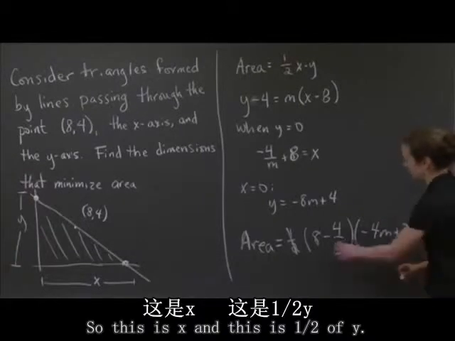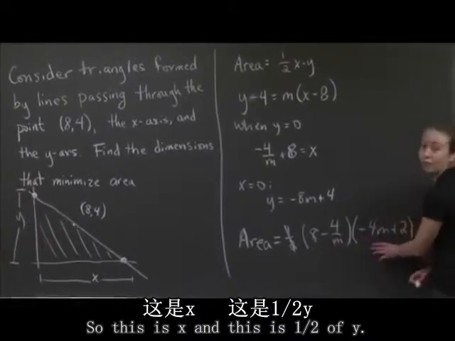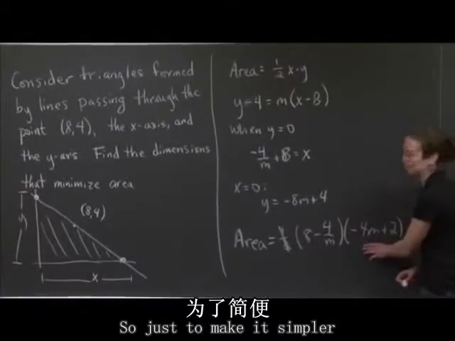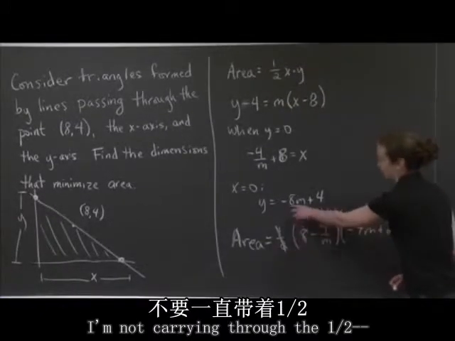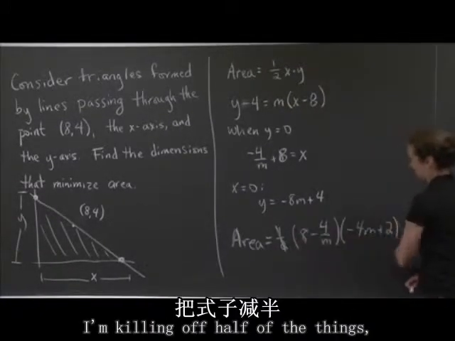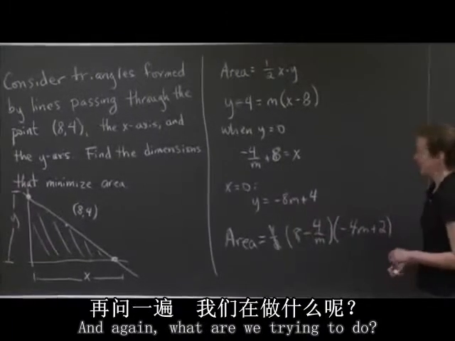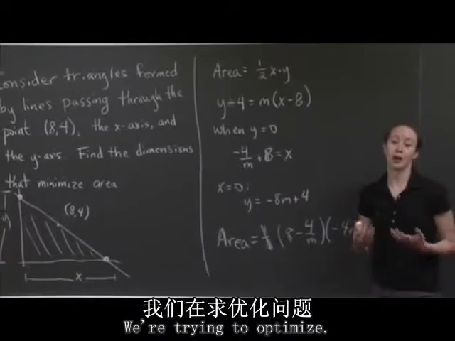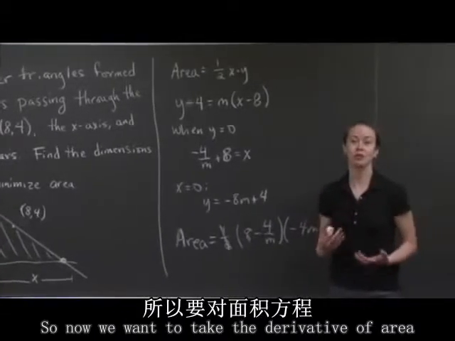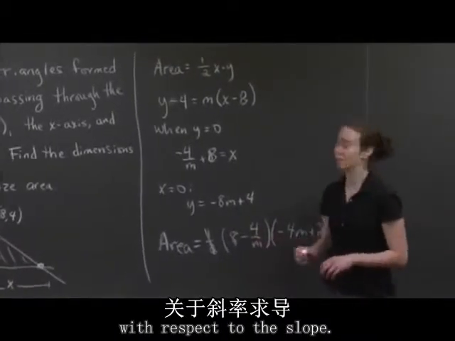So this is x, and this is half of y. So just to make it simpler, I'm not carrying through the 1/2. I'm dividing every term in y by 2. And again, what are we trying to do? We're trying to optimize. So now we want to take the derivative of area with respect to the slope.